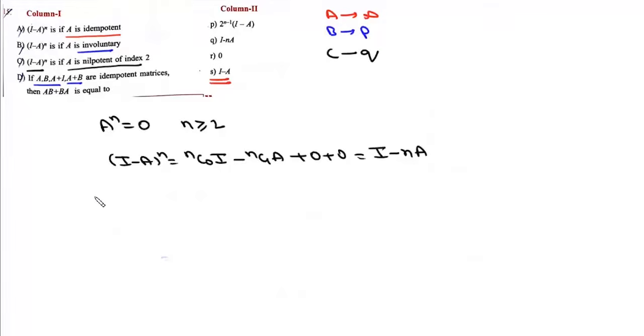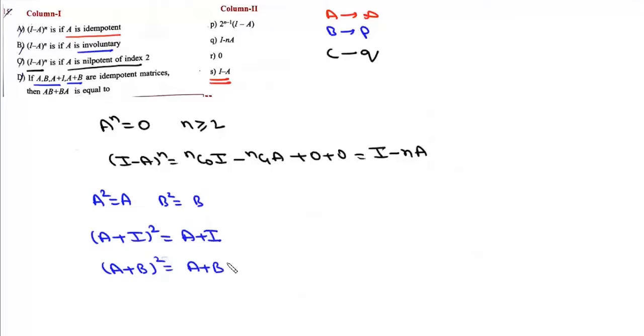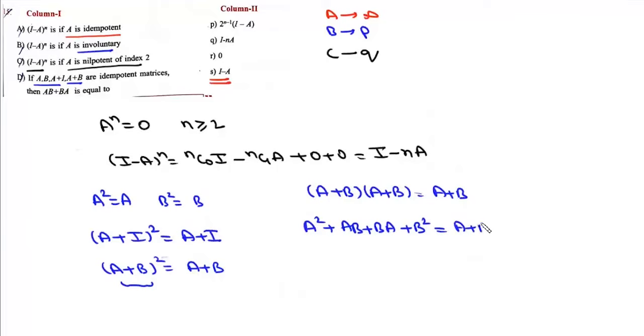Now if they are idempotent, it simply means that A square is A, B square is B, A plus I square is A plus I, and A plus B square is A plus B. Now if we simplify this, we can write A plus B into A plus B will be equal to A plus B. Now this is A square plus AB plus BA plus B square, and it will be equal to A plus B. Now A square is A and B square is B. So we'll write this as A and B, which will cancel.